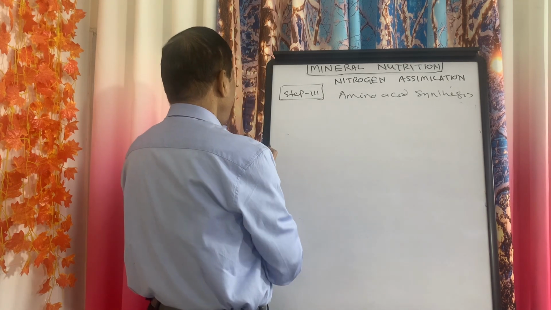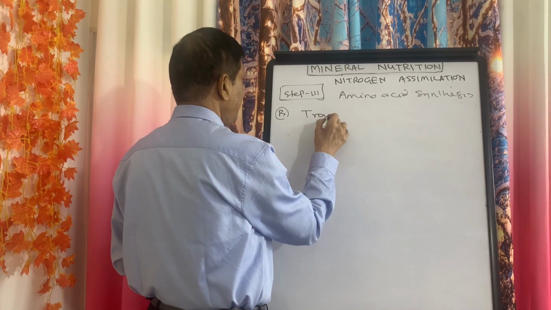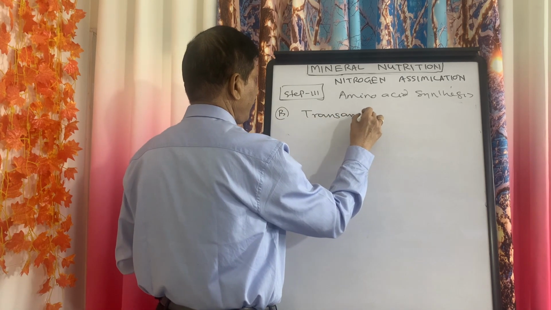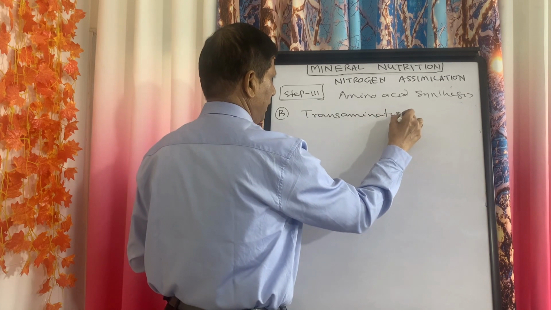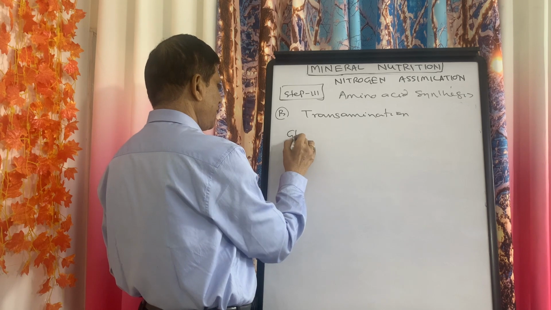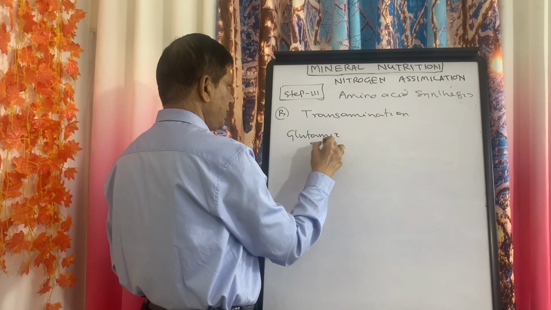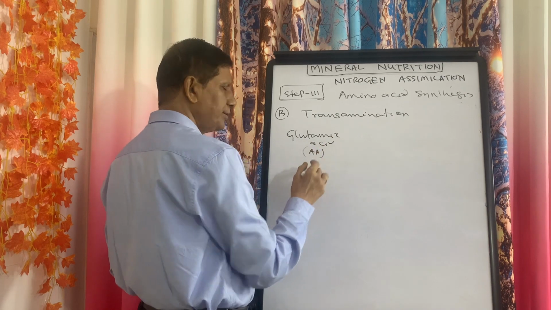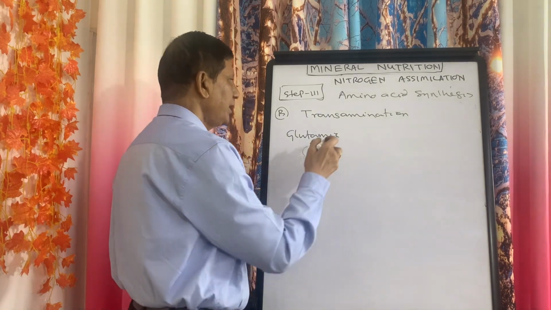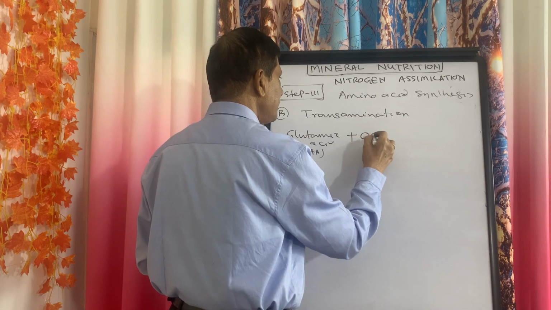So the step B, transamination. In transamination, what happens? Suppose let us take glutamic acid, and glutamic acid is an amino acid, and let us say it combines with another, suppose oxaloacetic acid.